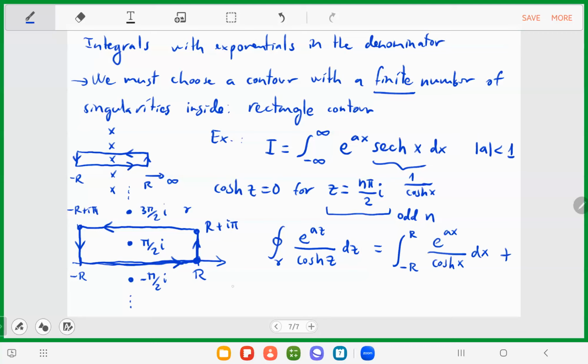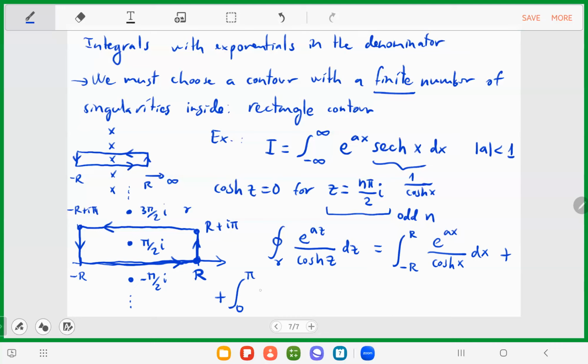Then there are the 3 pieces. The second piece, let's take it from this point r on the real axis to this point r plus i pi, the vertical piece on the right. Now that is a line integral on the real variable y, the imaginary part of z. So I can just say z is equal to r plus iy, and y starts at 0 and ends at pi.